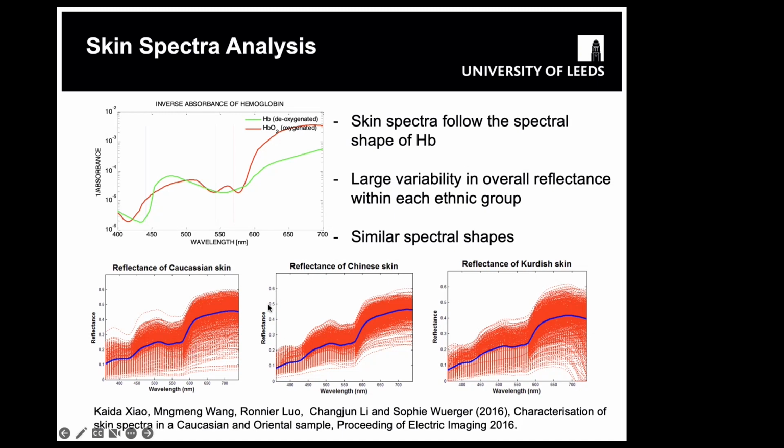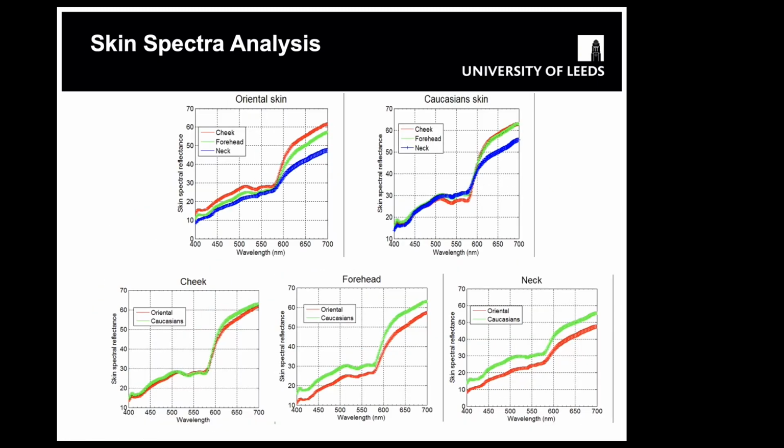That means the skin colors have a largely overlapping range, even considering different ethnic groups. Okay, and we tried comparing the average results of the skin color across different ethnic groups. Surprisingly, if you look at this, it's the cheek color.